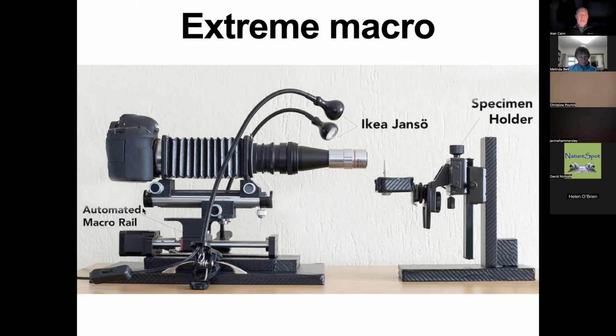You can program these so it will take an image, move the camera a defined distance, take an image, move the camera a defined distance, and so on and so forth. And the distances that you program these macro rails in are microns. So it's very, very small as well. And obviously you can only take very, very small subjects.